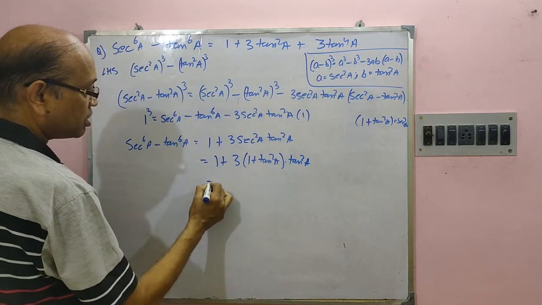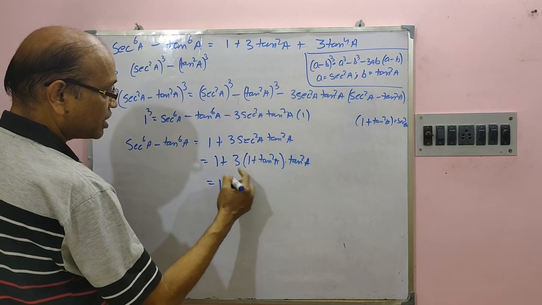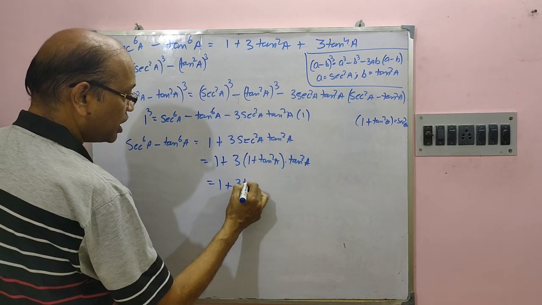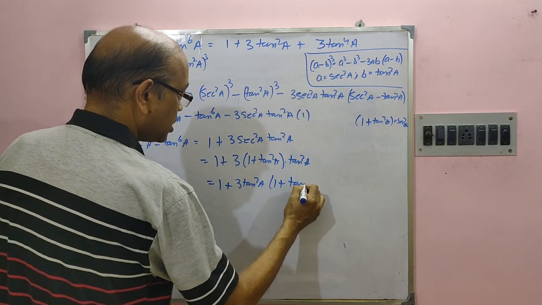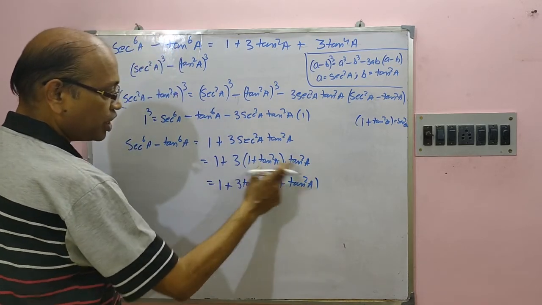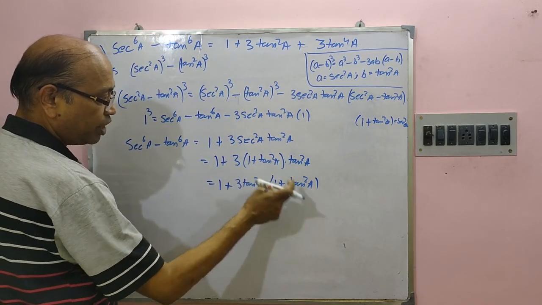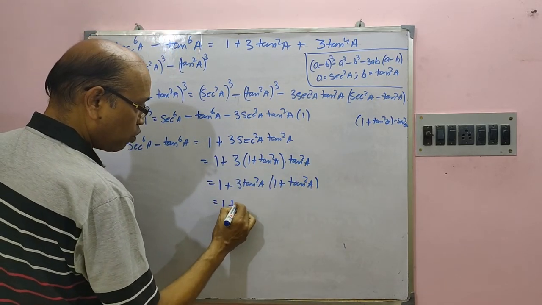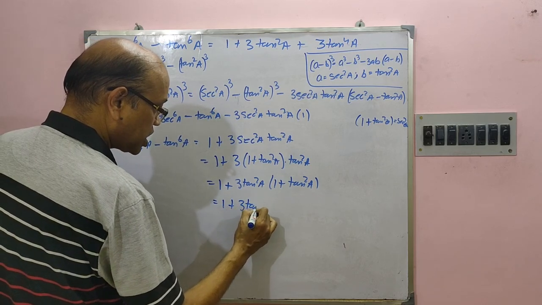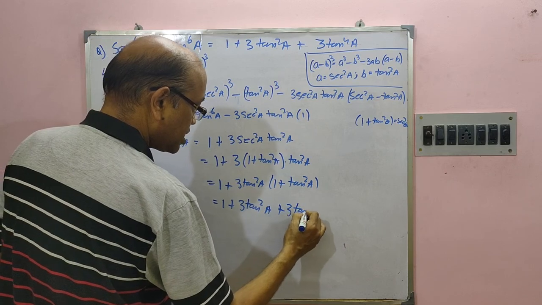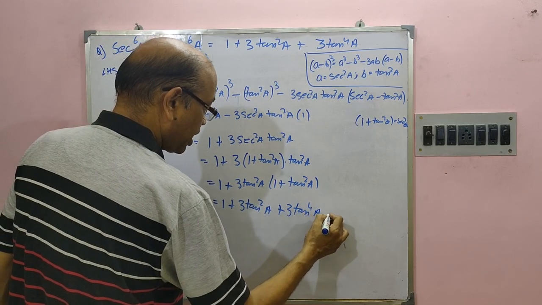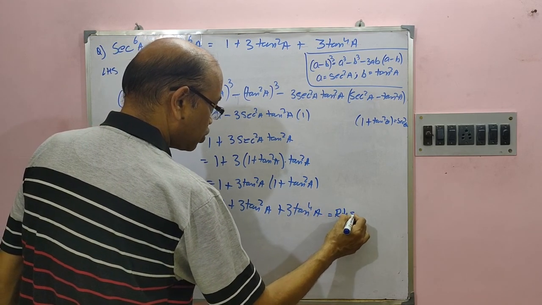So how much is this? 1 plus 3 tan square a into 1 plus tan square a. Open up the bracket. What I get? 1 plus 3 tan square a plus 3 tan 4a, and this is equal to RHS. Proved.